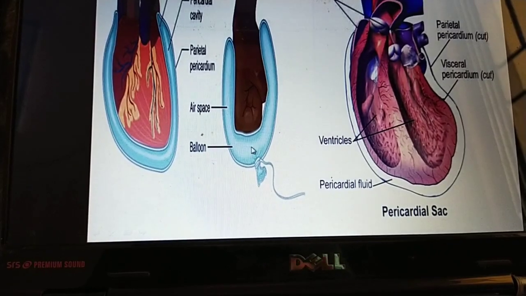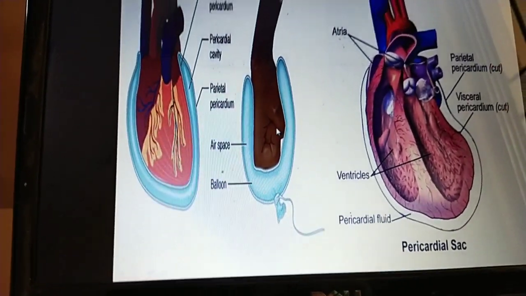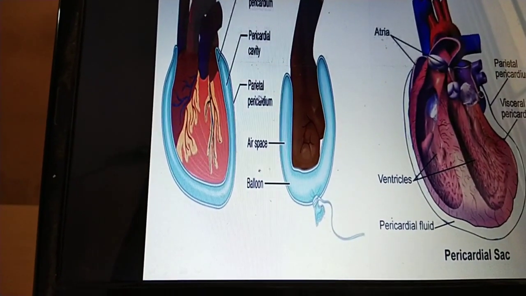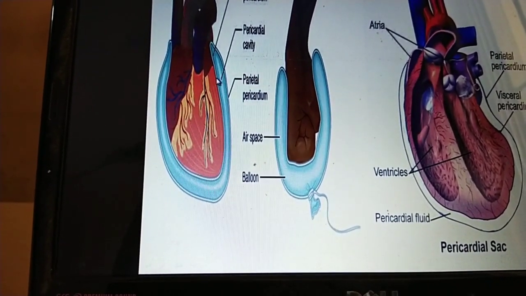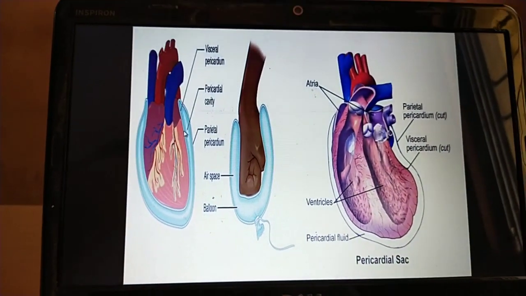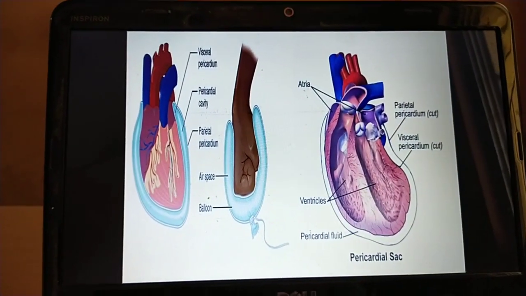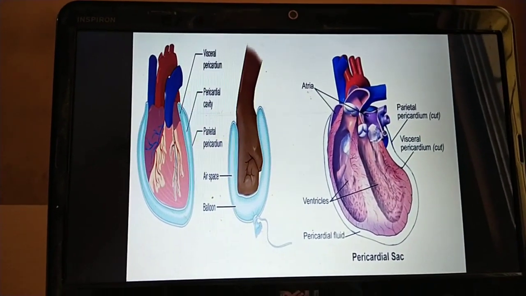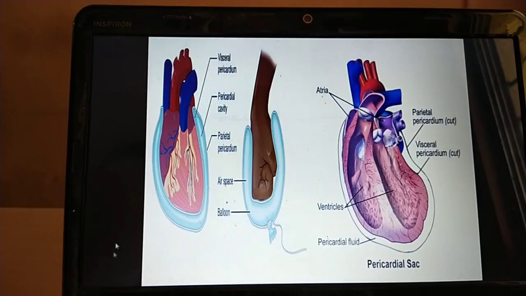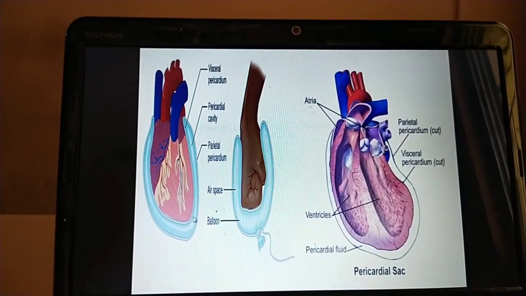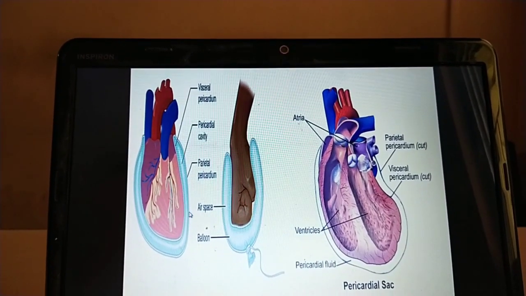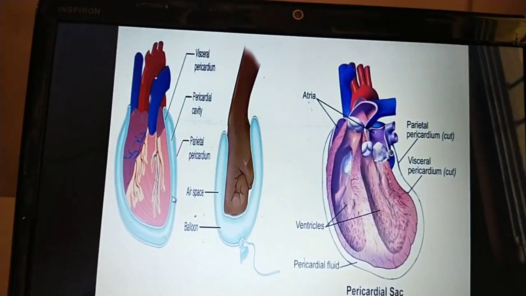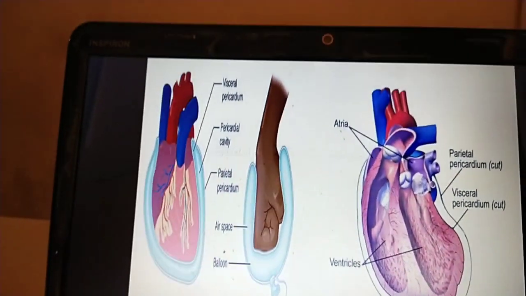This space is called the pericardial cavity. You can see here the muscular structure of the heart, and this is the innermost layer, called the visceral pericardium, and the outermost layer is called the parietal pericardium, and the cavity is the space between these two layers or coverings.